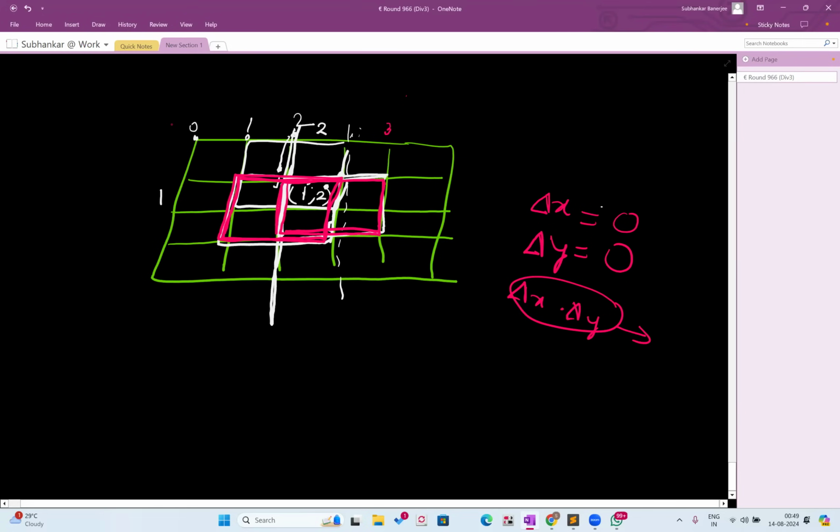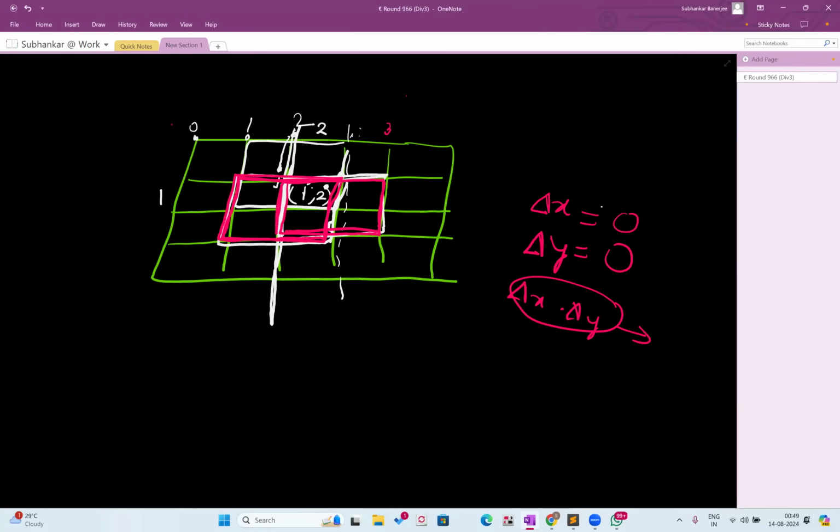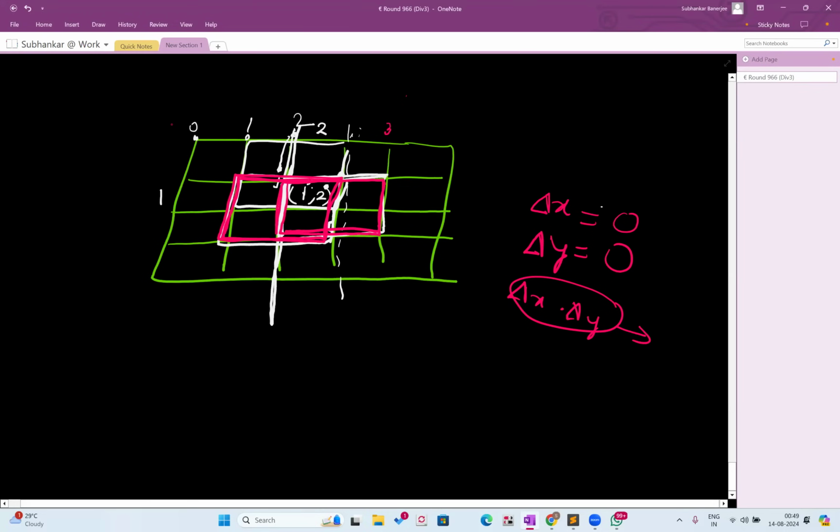Because for each movement in the vertical direction, we can move in two ways and form the square. This is the case for k equal to 2. Did you get what I am trying to say?